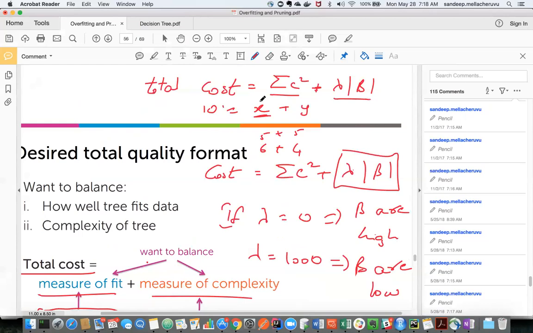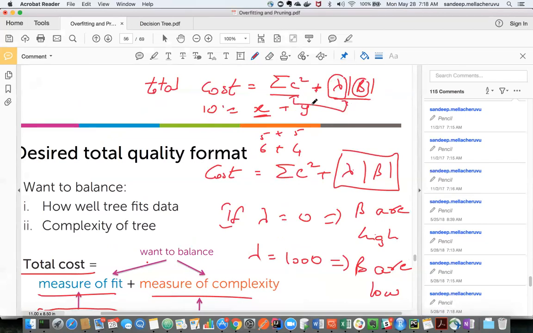So what you're doing is adding this kind of tuning parameter. If you increase this, then to offset this overall cost, this beta will get decreased. If you increase lambda, beta will be decreased. If you decrease lambda, beta will be increased, because your total cost is always constant.